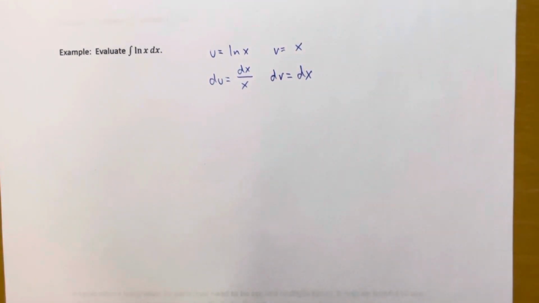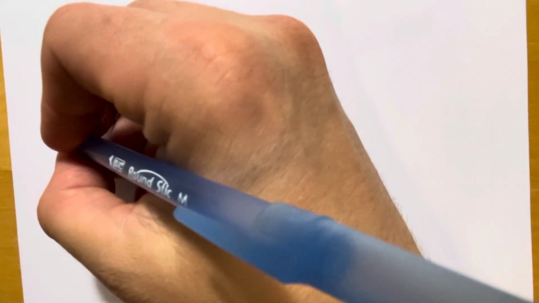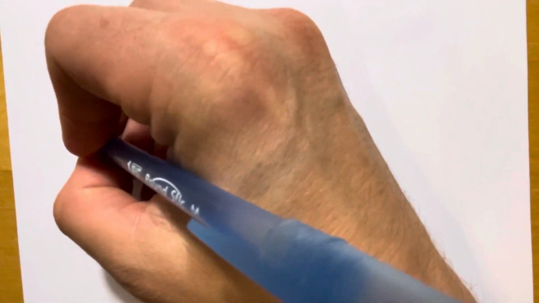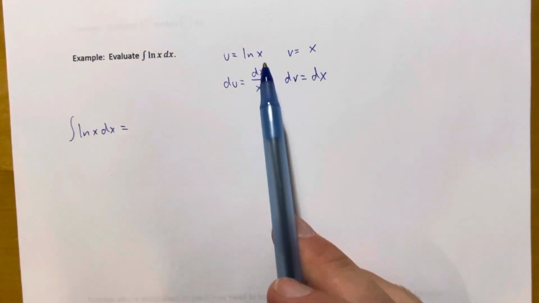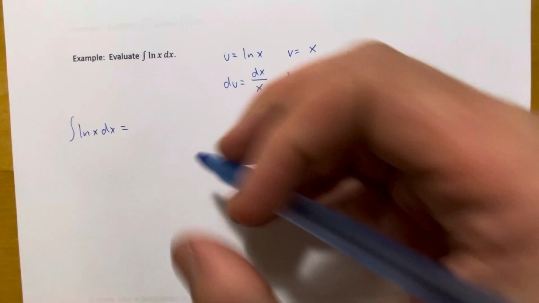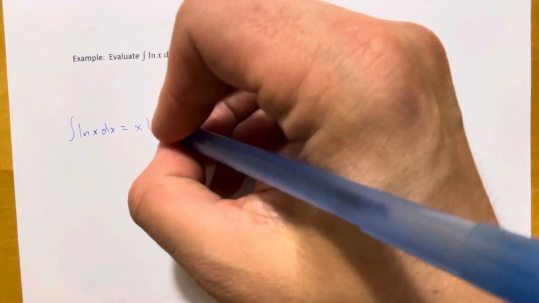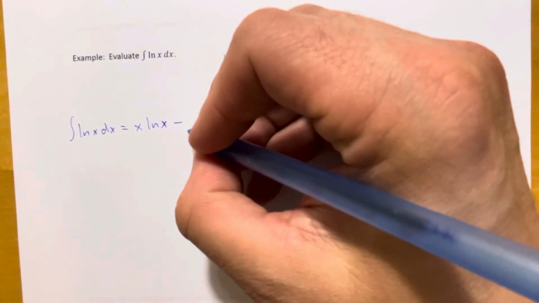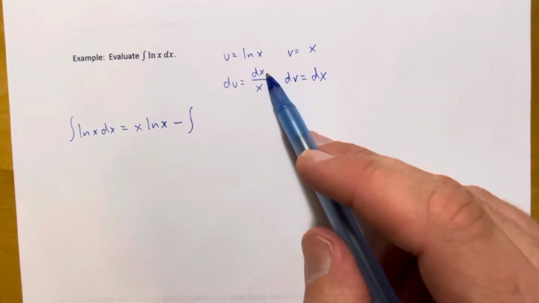Okay? So now let's set up integration by parts. The integral of the natural log of x dx is equal to what? Integration by parts says that I multiply u times v, which is going to look like x natural log of x. Okay, minus the integral of v du.